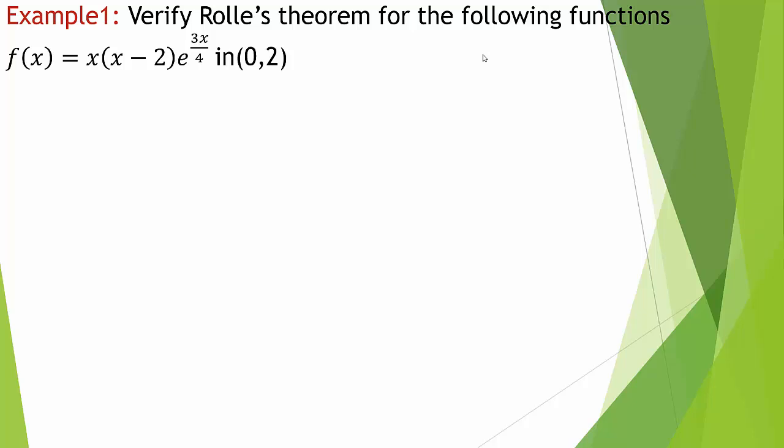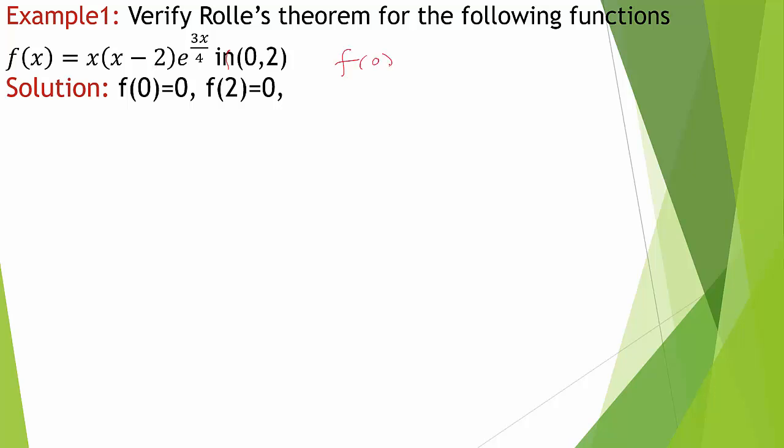Our first example is: verify Rolle's theorem for the following function, f of x equal to x into x minus 2 into e raised to 3x by 4 in the open interval 0 to 2. We know that f of 0 equal to 0.